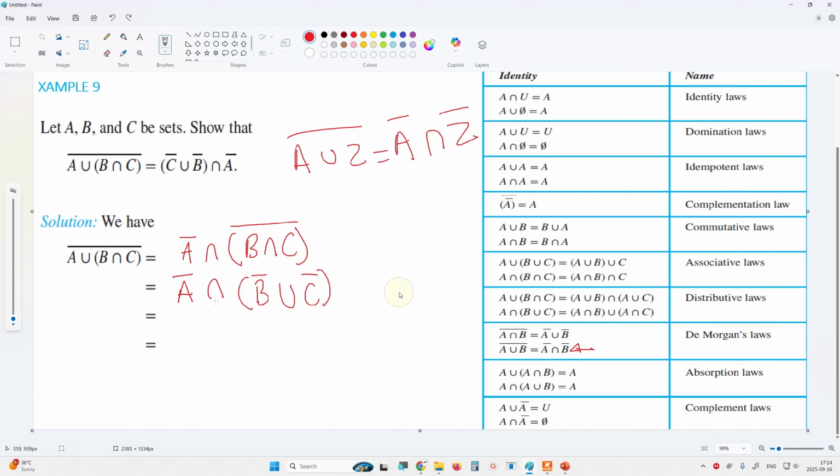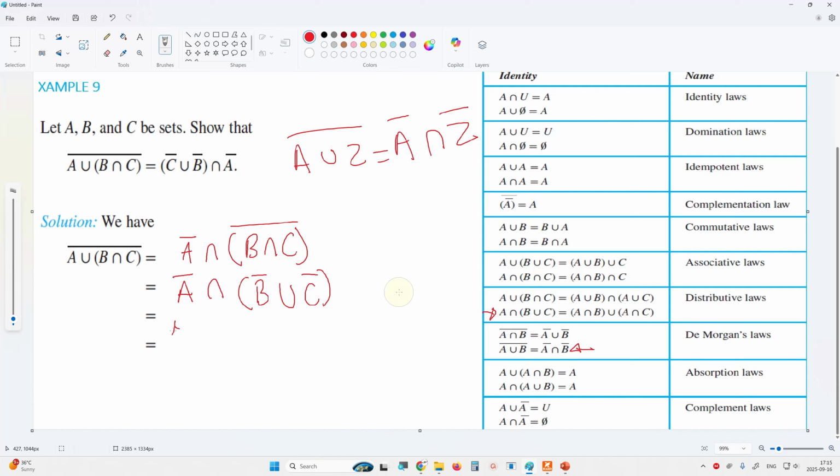I can now do this distribution. No, sorry, this is because not this one. This is associative. Oh, I'm just talking about the distribution. I'm going to use the distributive law to distribute the A intersection with B, and then the A intersection with C, and then this is going to be union between them.